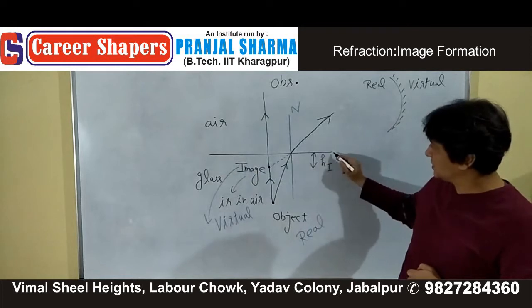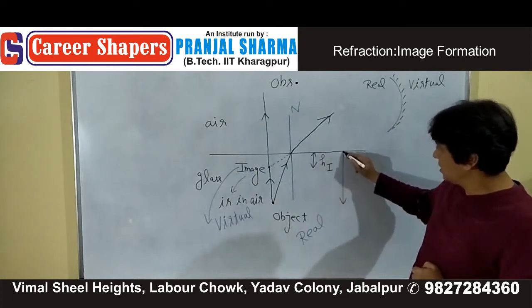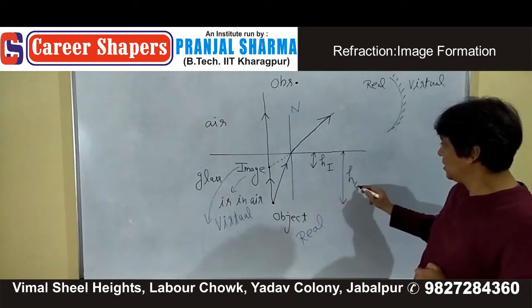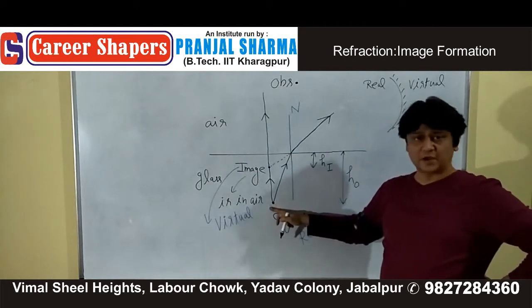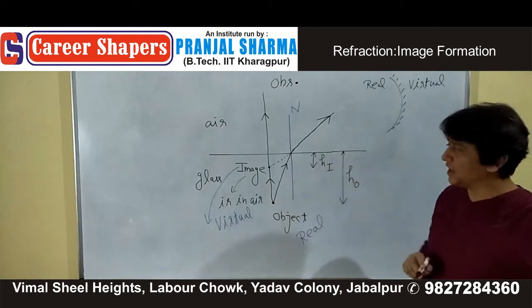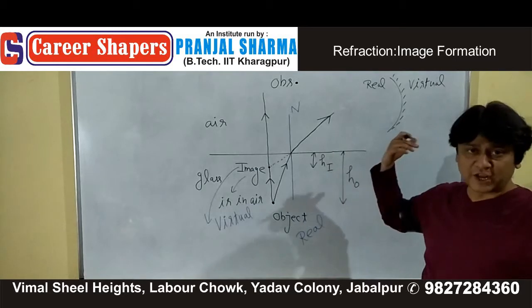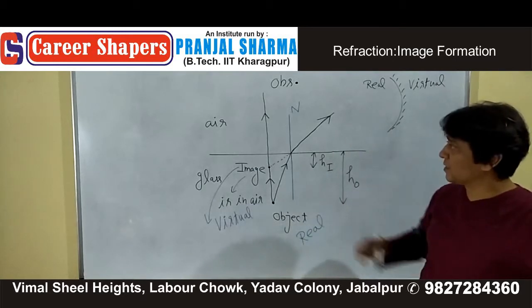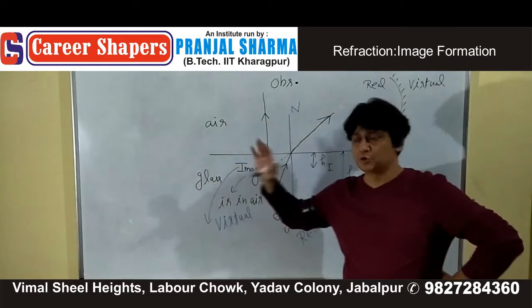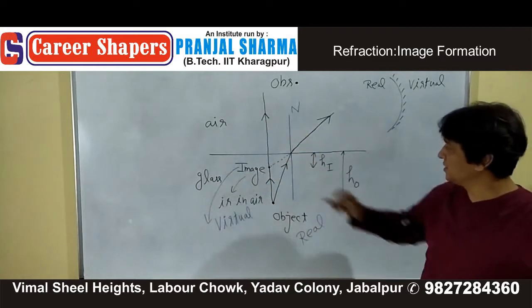This is HO, the position of the object from the glass and air interface. We are taking the air and glass interface now, and then we'll change this from medium 1 to medium 2. But as of now, just to understand things easily, we are saying air and glass.